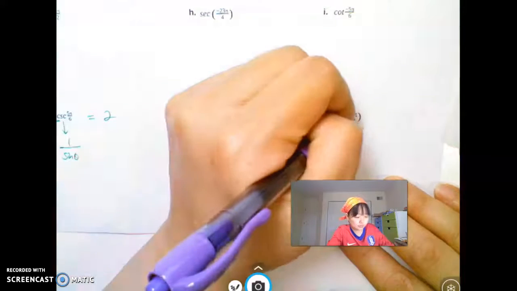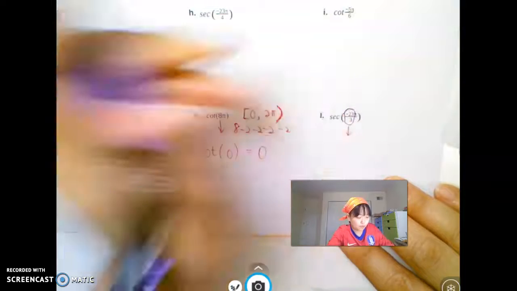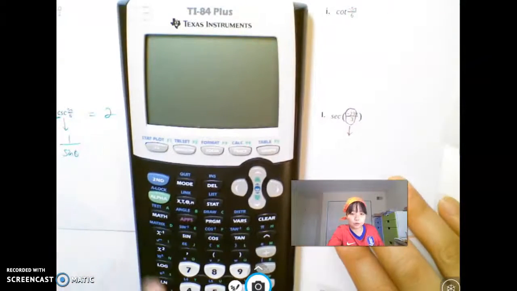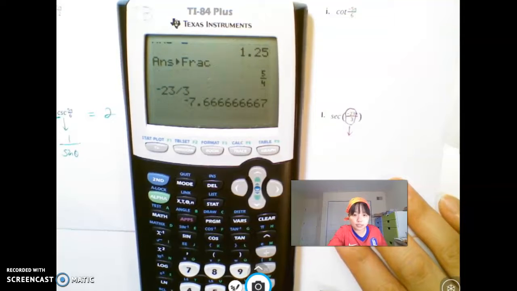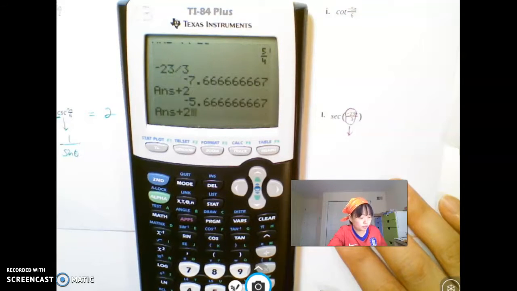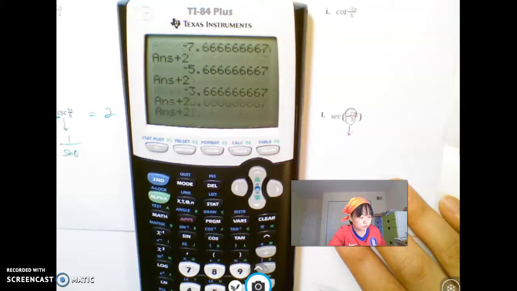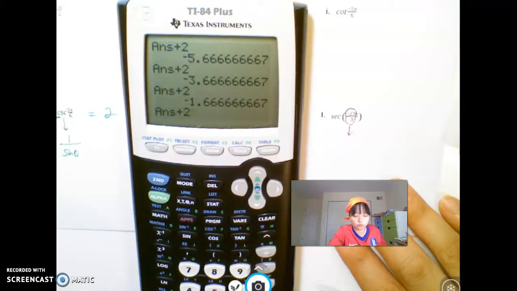Secant at negative 23 over 3. That is not going to be a nice number. Negative 23 over 3 is too small, so we add 2. Too small, we add 2. Too small, we add 2. Too small, we add 2. That means they went around and around. That is 1/3.